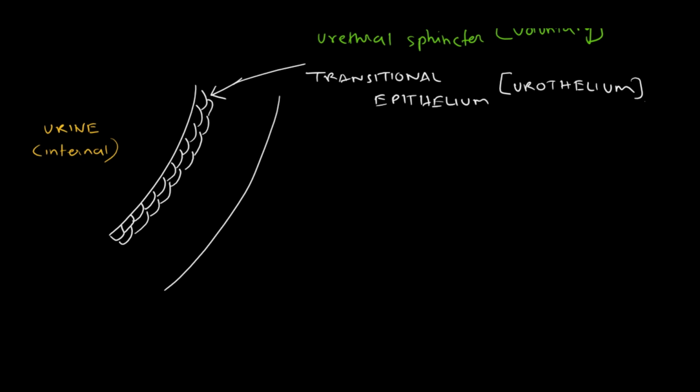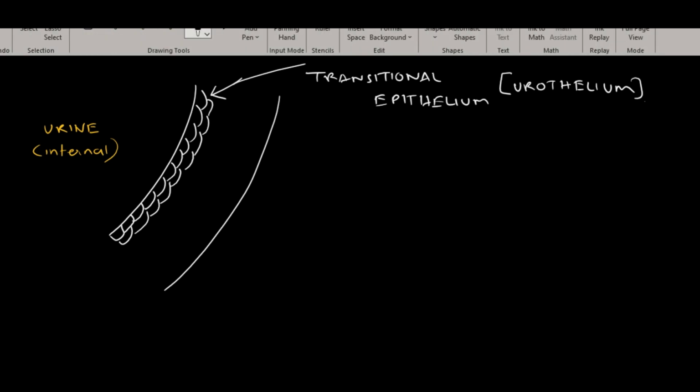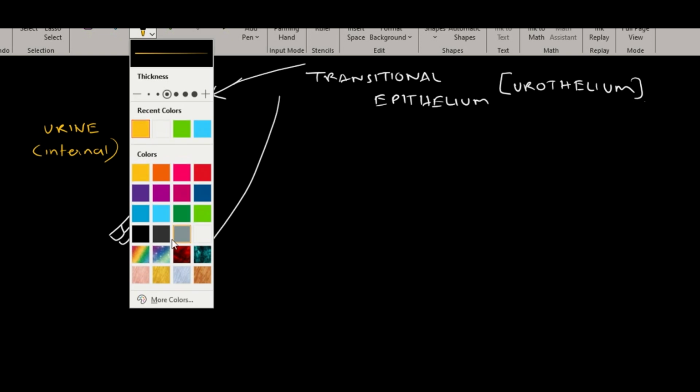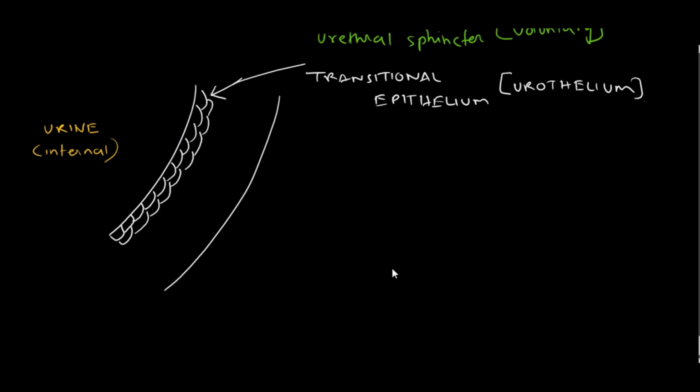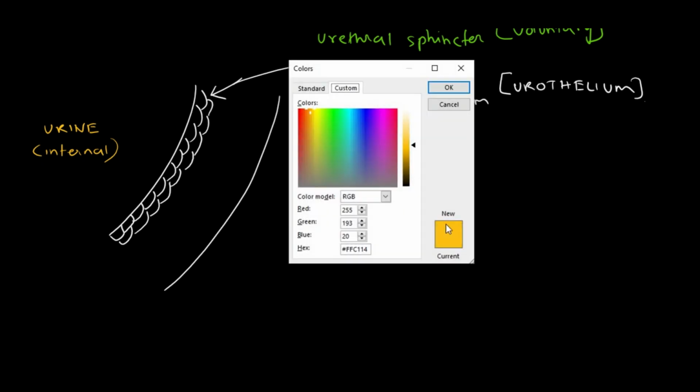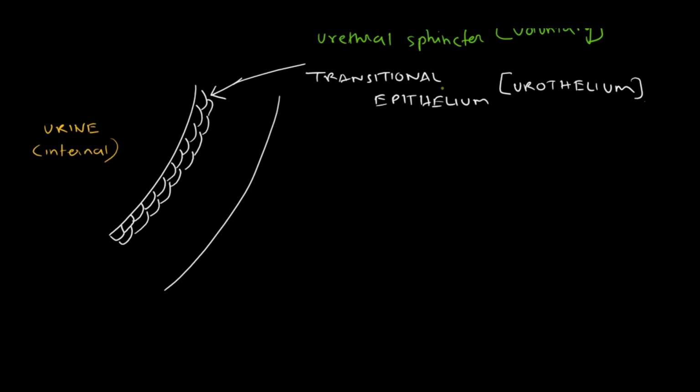But the main function of releasing or retaining the urine inside the bladder is because of the second layer, the middle layer, and this middle layer is made up of smooth muscles.